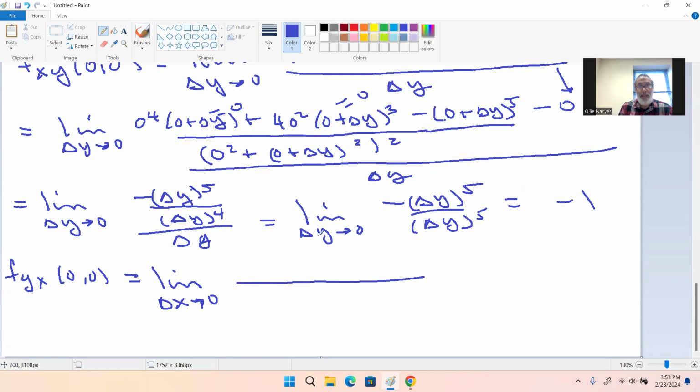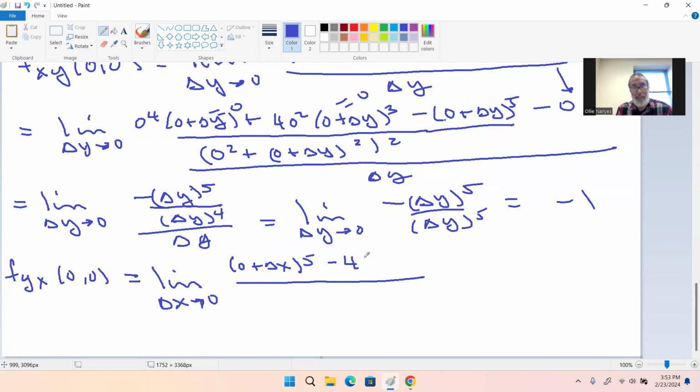And remember, you do have the negative symmetry here. So that's going to be the 0 plus delta x to the fifth, but that gets a positive, minus 4.